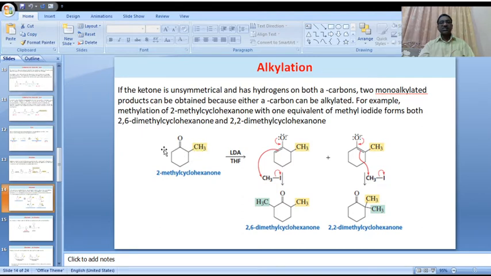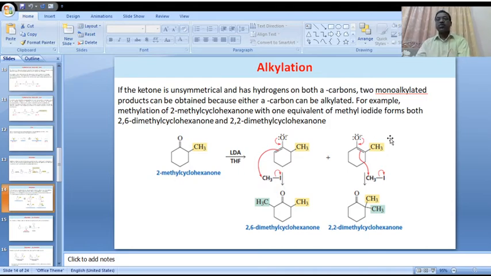The other side alpha carbon contains hydrogen atoms because it is an unsymmetrical ketone, and it has hydrogens on both alpha carbons. Here there is one hydrogen and on the other side there are two hydrogens. Anyway, an alpha hydrogen is present in this 2-methyl cyclohexanone.